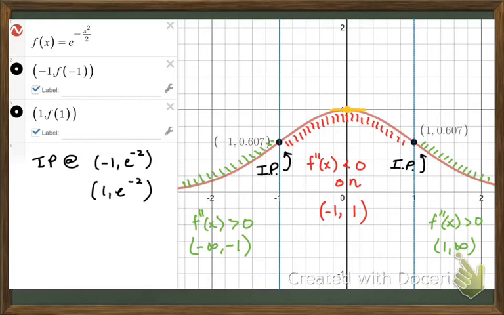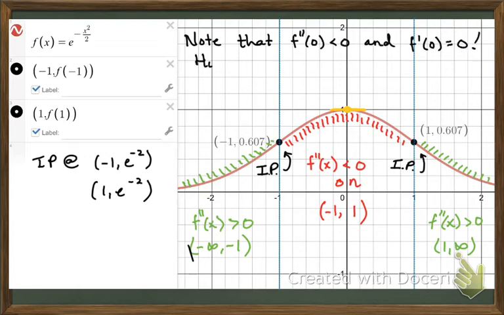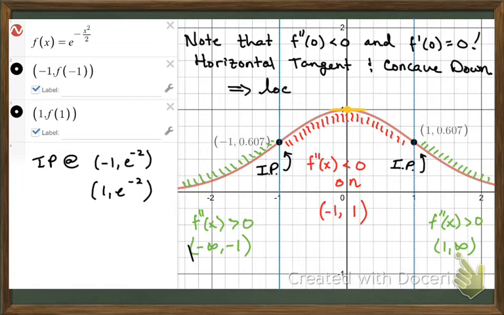Since I have a horizontal tangent line and the concavity is downward, I want you to note that f double prime of 0 is negative and the first derivative is 0, giving me a horizontal tangent line, and I'm concave down. This should be a local max. Okay, so we have a nice little indicator using concavity to determine that I've got a local maximum there at this flat portion, right at that horizontal tangent line.